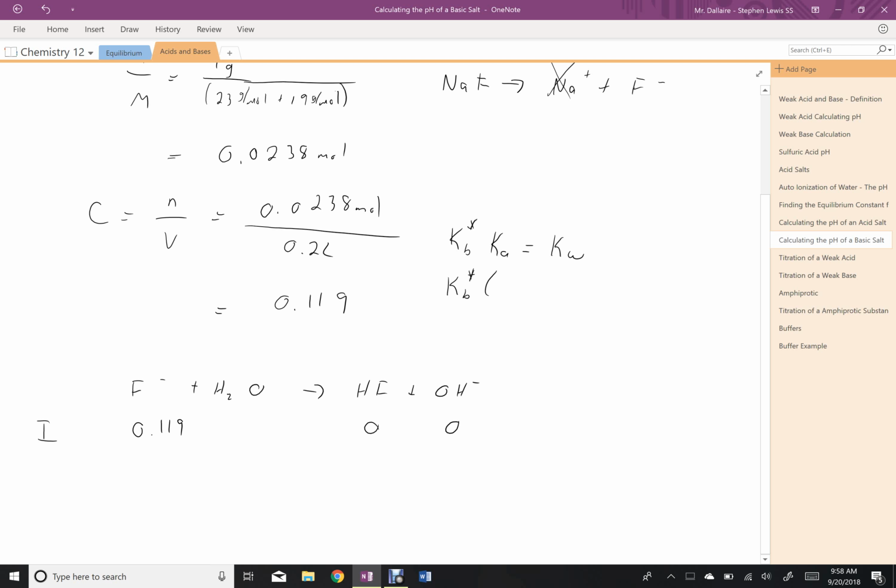Hydrofluoric acid, I think, is going to be 6.6 times 10 to the negative 4. So, solving for Kb, or the conjugate, I messed that up, hold on. I got 1.52 times 10 to the negative 11.